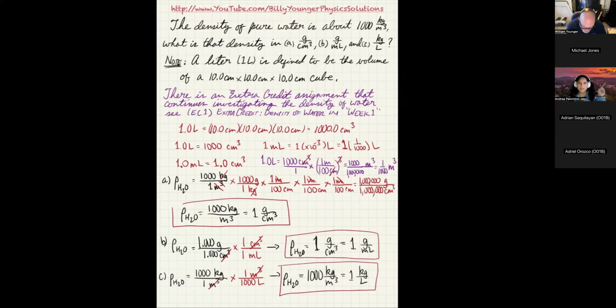So we need to multiply it 3 times. Right. First we canceled out the kilograms and then the meters, which got us grams, 1 gram over centimeters cubed. Okay, so yeah, A makes sense, I think.